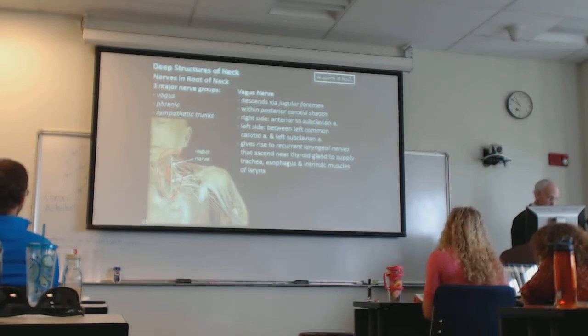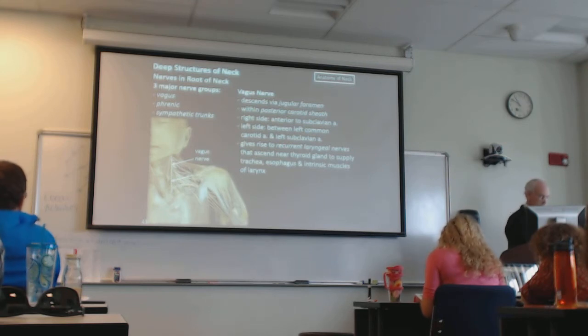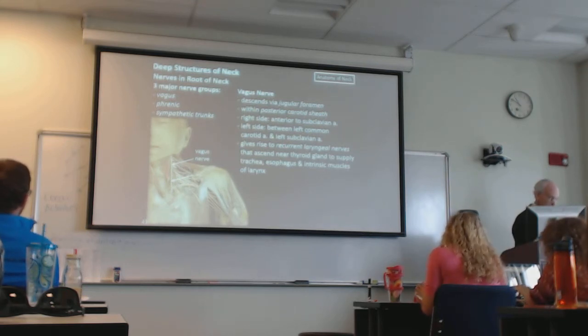Medial to that are the sympathetic ganglia. So these are the sympathetic ganglia. And then over here, you can see the little nerve, that's the phrenic nerve.